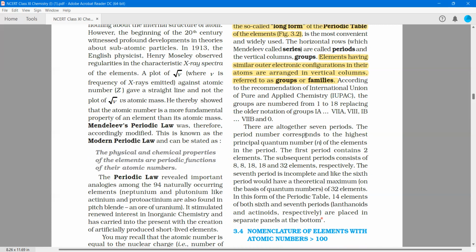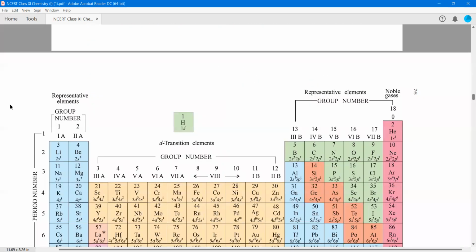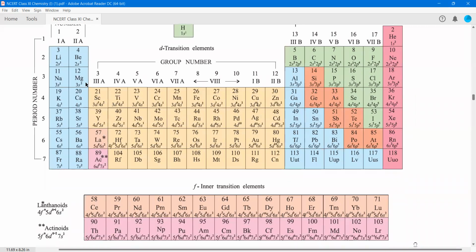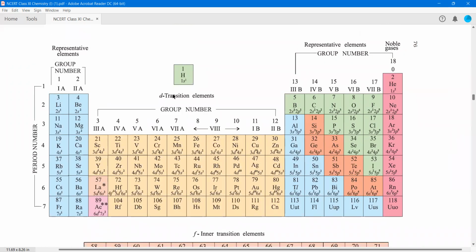The period number corresponds to the highest principal quantum number n of the elements in the period. If you know the electronic configuration, it is also written over here. Hydrogen and helium are in period 1, so the highest principal quantum number here is 1.